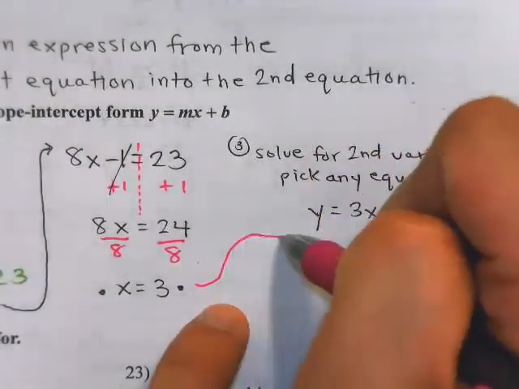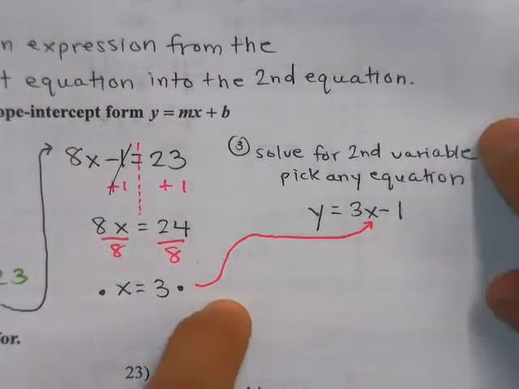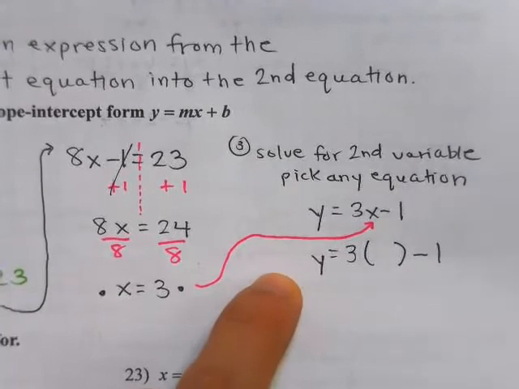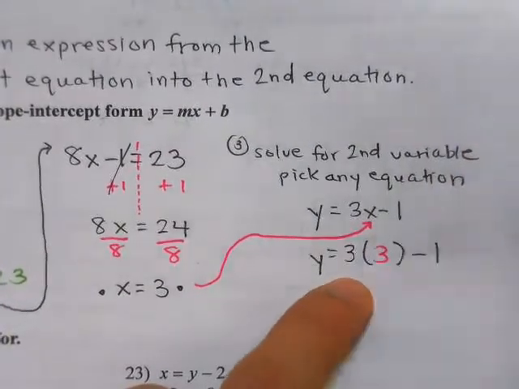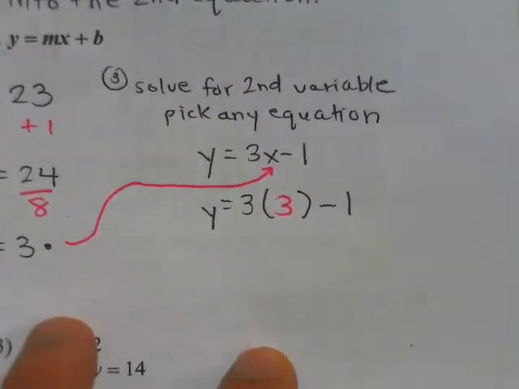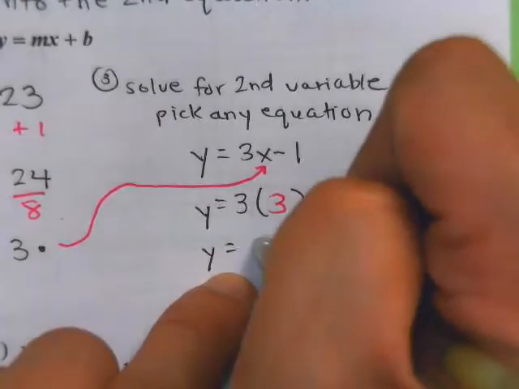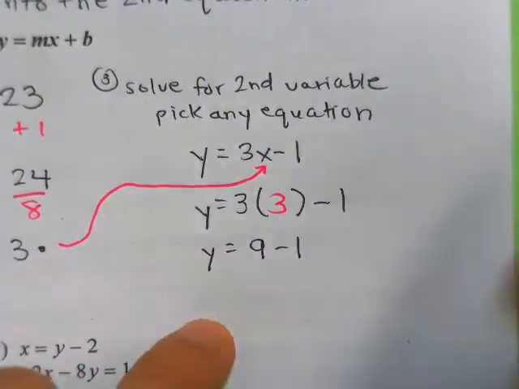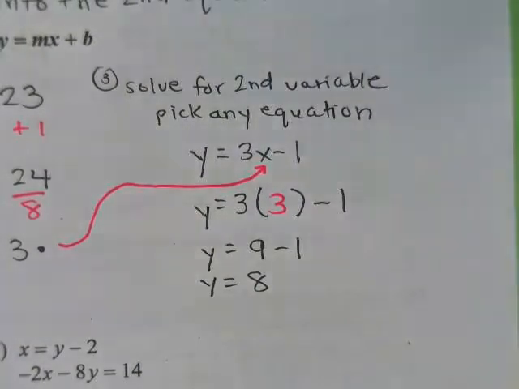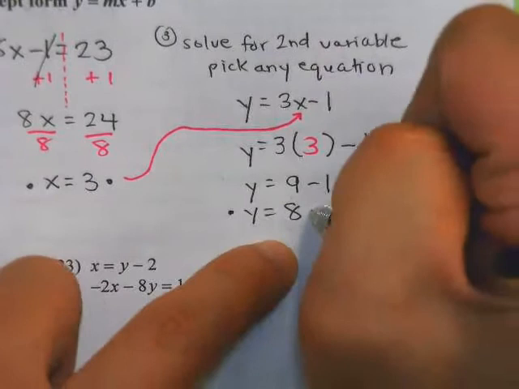But let's go ahead and plug in the 3 inside here. y is equal to 3 times 3 minus 1. And then you just got to make sure you do PEMDAS on the right side. 3 times 3 is 9. 9 minus 1 is 8. And then we will take notice of this.